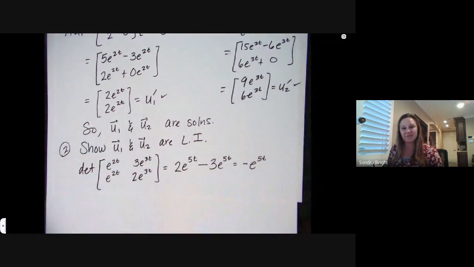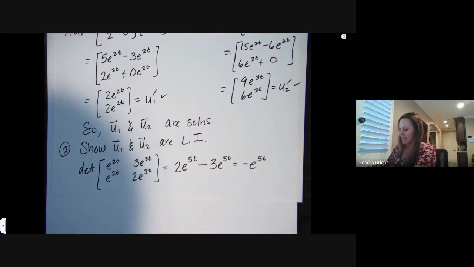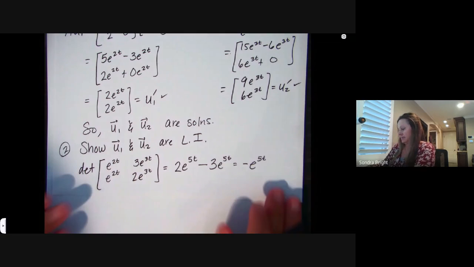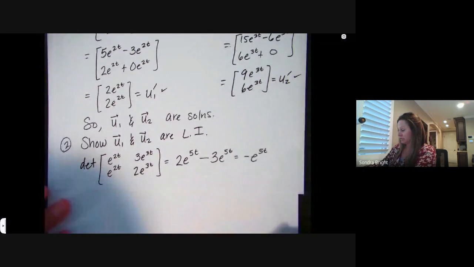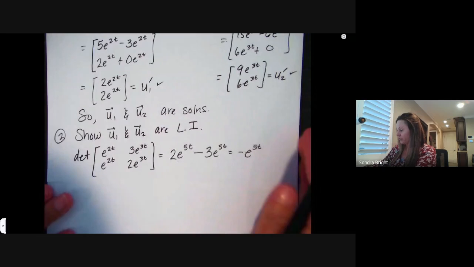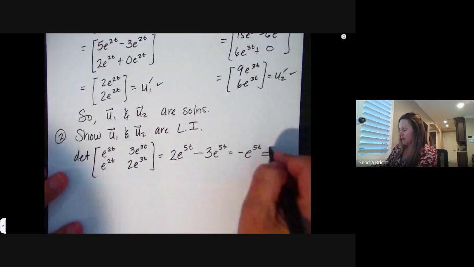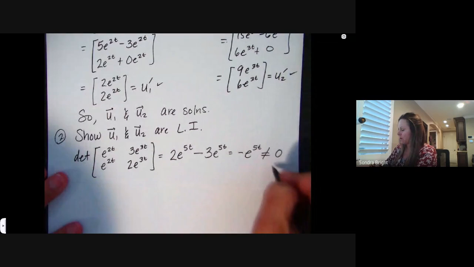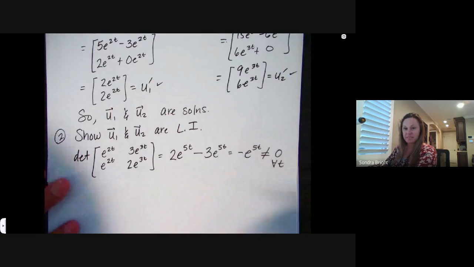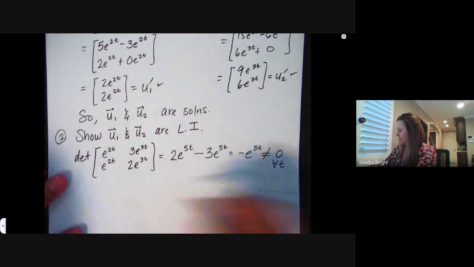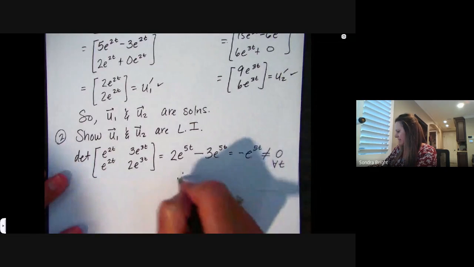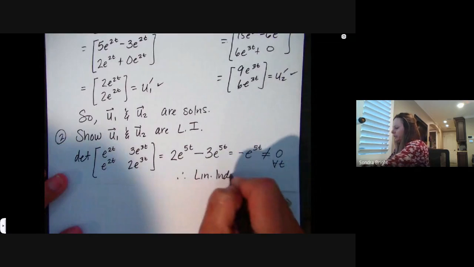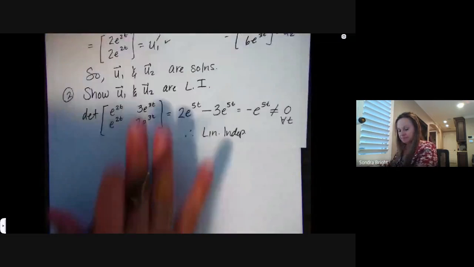And when is that 0? For what values of t is that 0? It's never 0. So it's not equal to 0 for all t. There's no way negative e to anything is 0. Since it wasn't equal to 0, U1 and U2 are linearly independent.